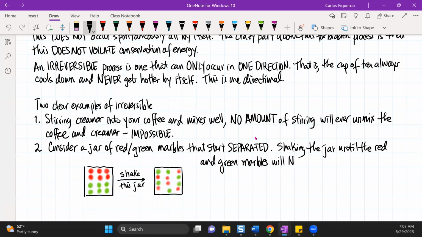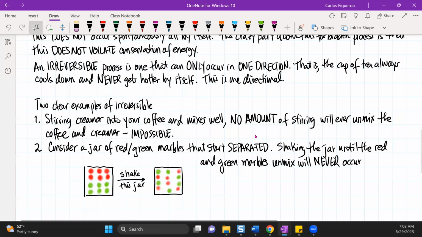Shaking the jar until the red and green marbles unmix will never occur.